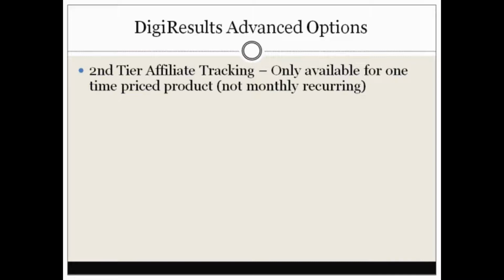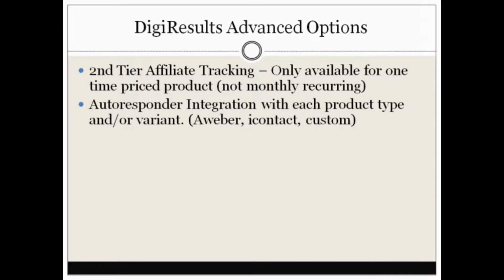So that's what we call second tier affiliate tracking. But be aware that this is only available for one-time priced products. This is not available for any type of recurring monthly product.